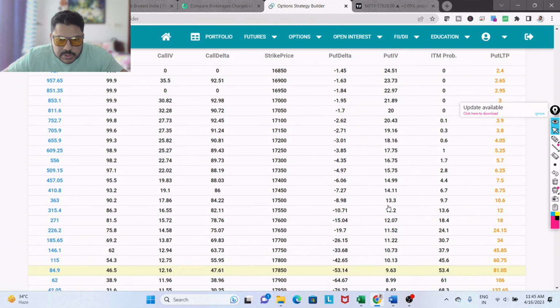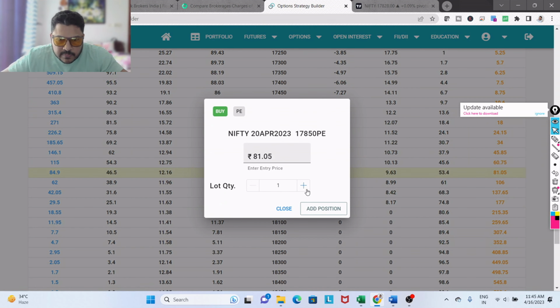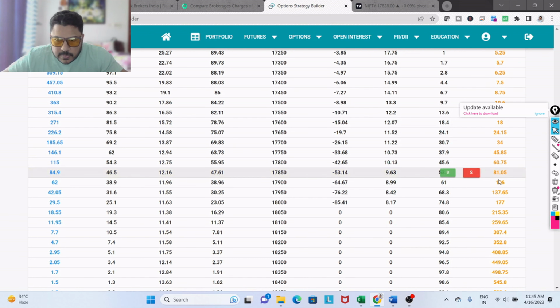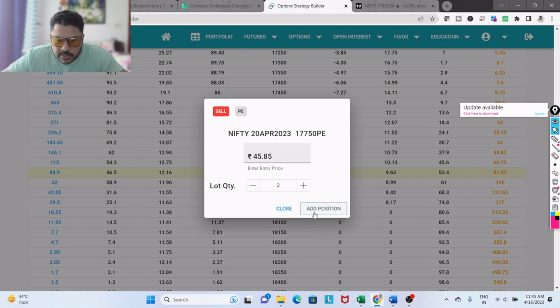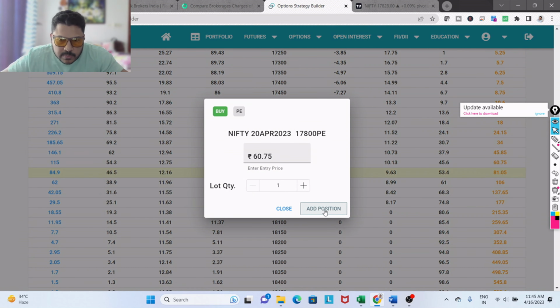We will go to the option chain and make a bearish view. I will buy a 17,850 put, sell 2 out-of-the-money puts 100 points away, and then buy one immediate 17,800 put.